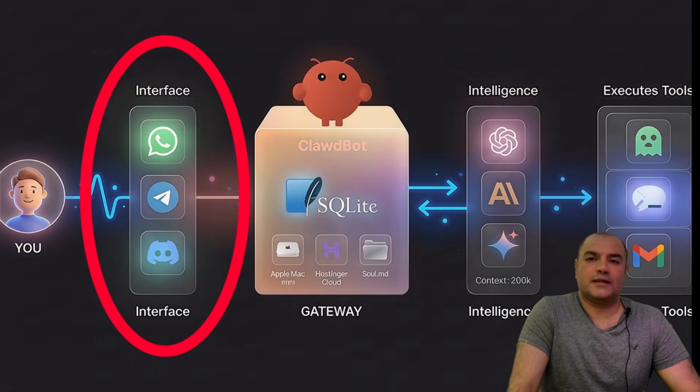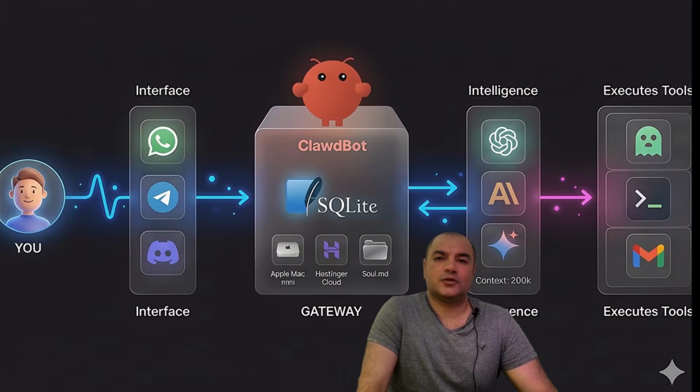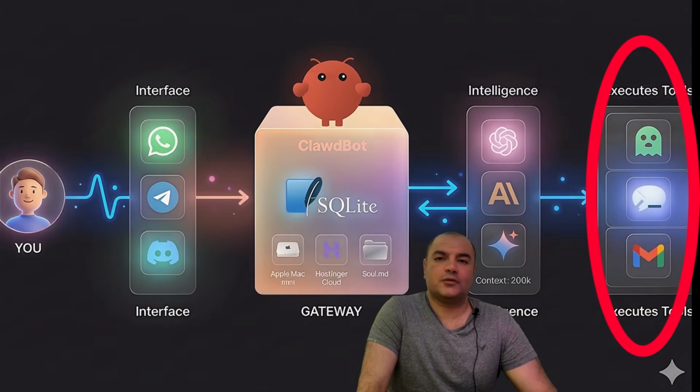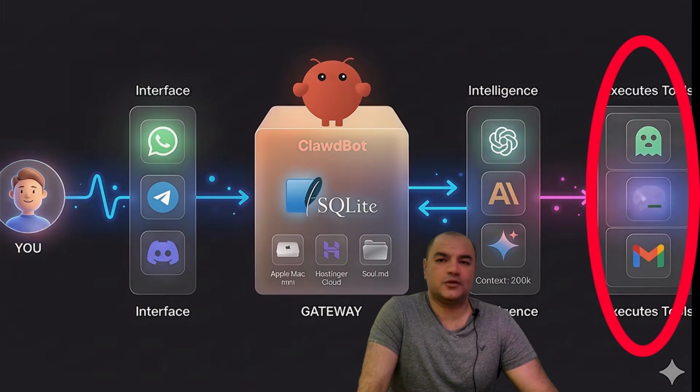Who can actually send messages to your bot? If the answer is anyone, you have a problem. Security Zone 3, the tools. What can your bot actually do? Can it delete files, run any shell command, send messages to anyone? The more power you give it, the more damage a compromised bot can cause. Each of these zones is a potential entry point for things to go wrong. And in this video, we're going to secure all 3.